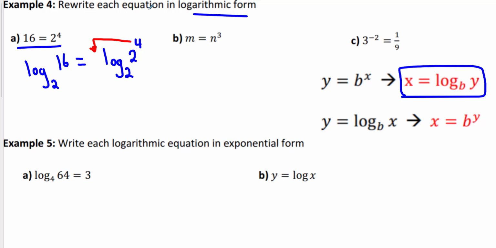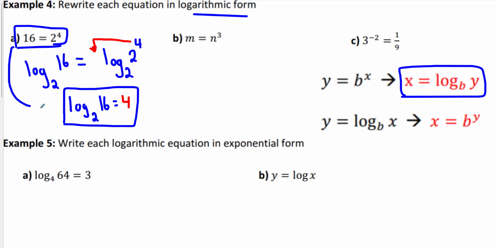So this becomes log base 2 of 16 is equal to 4 log base 2 of 2. And now you see how this cancels out, because log base 2 of 2 is just 1, so it's 4 times 1. So the answer is log base 2 of 16 is equal to 4. That's how you change it from exponential form to logarithmic form.